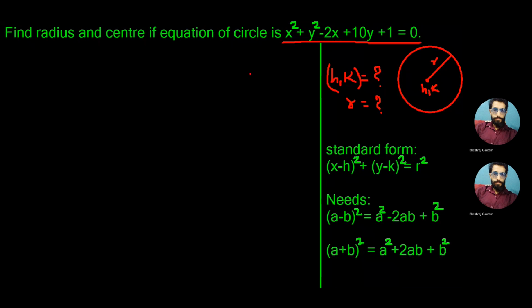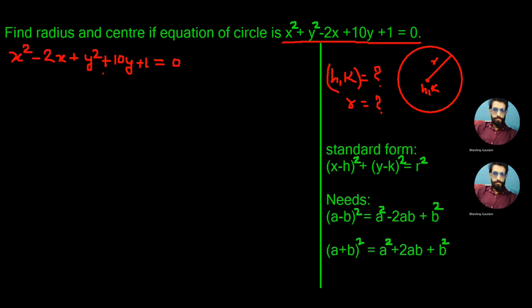First of all, we arrange the equation keeping the terms with the same variable together as x square minus 2x together plus y square plus 10y together and plus 1 is equal to 0.